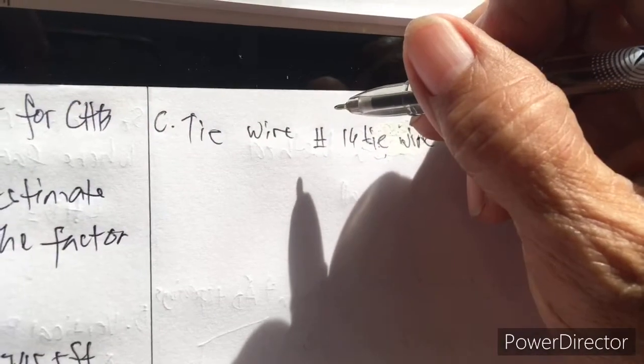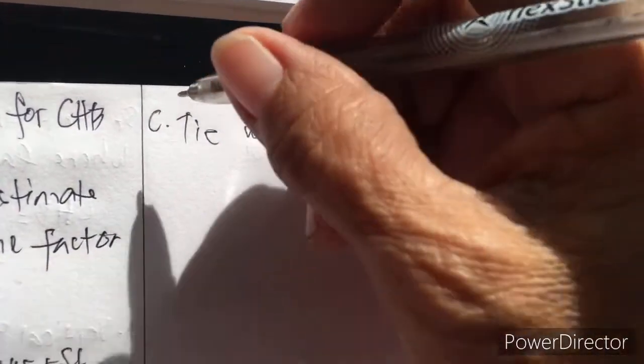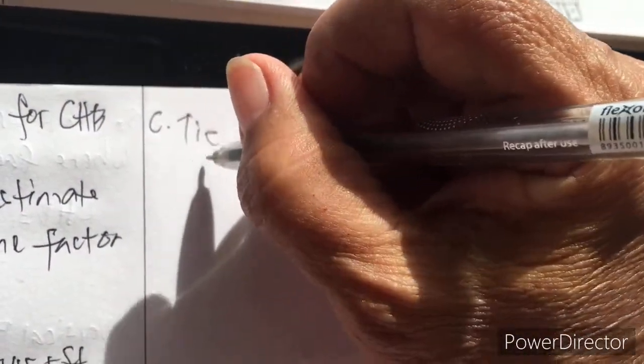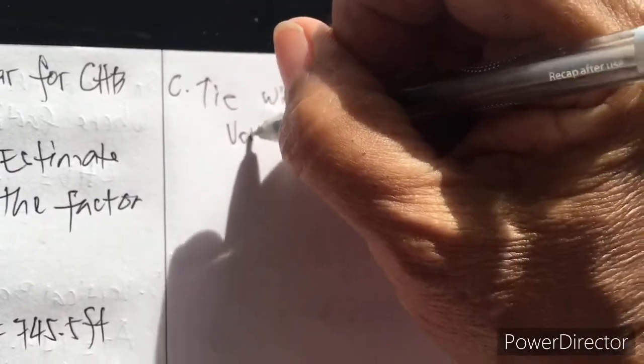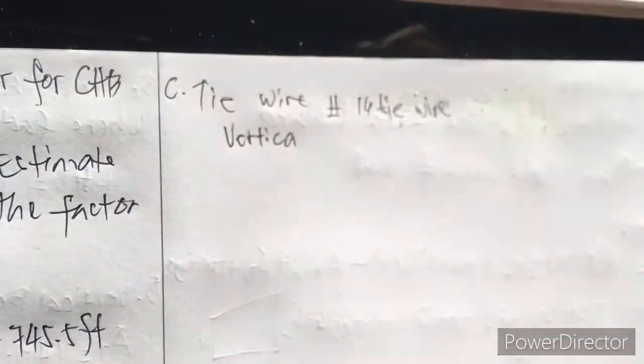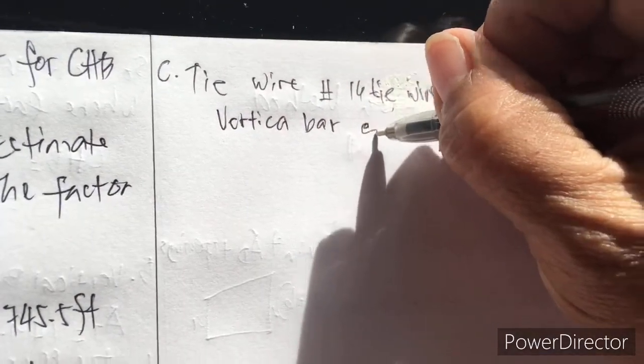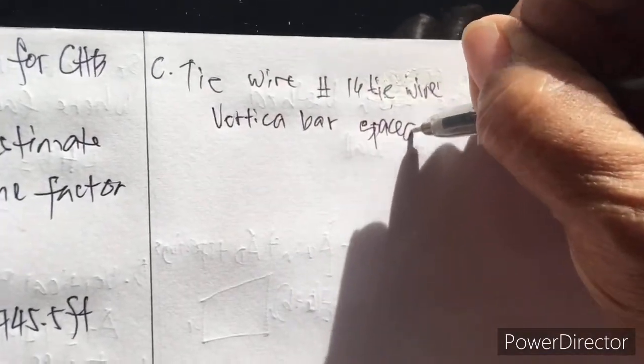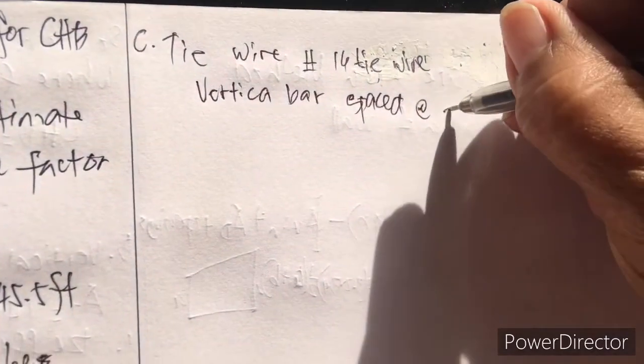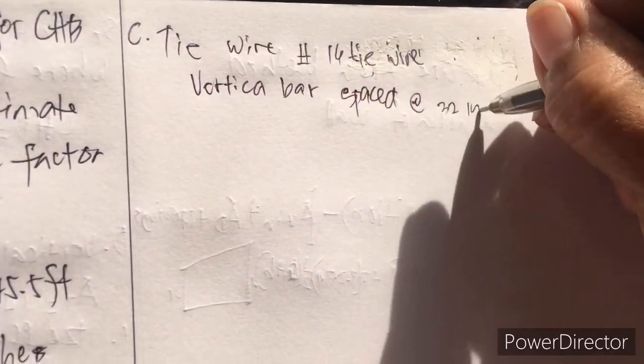According to the simplified construction estimate book, the vertical bar is spaced at 32 inches.